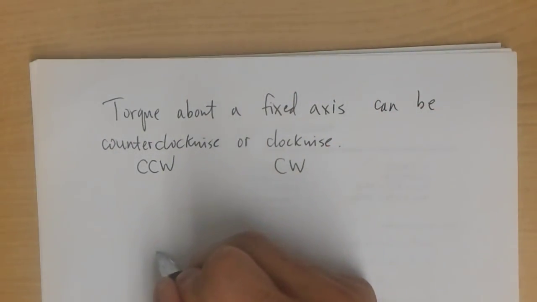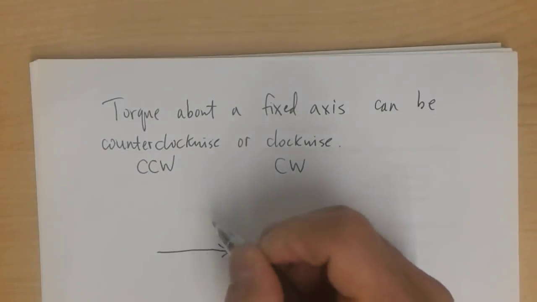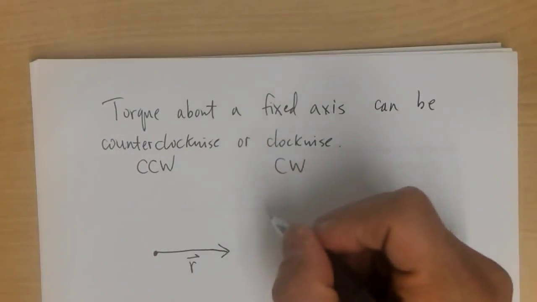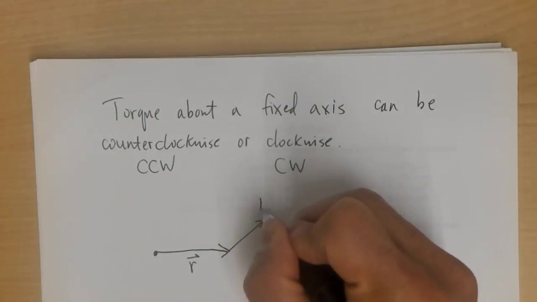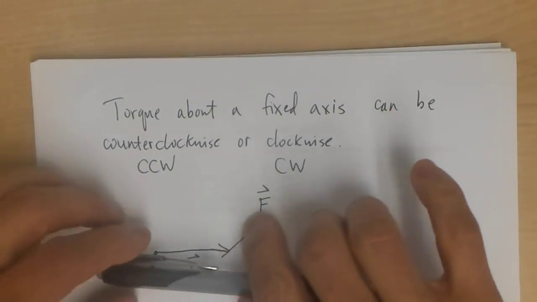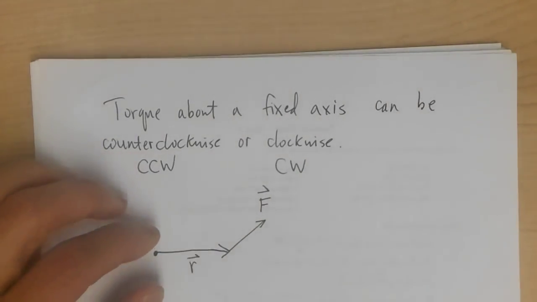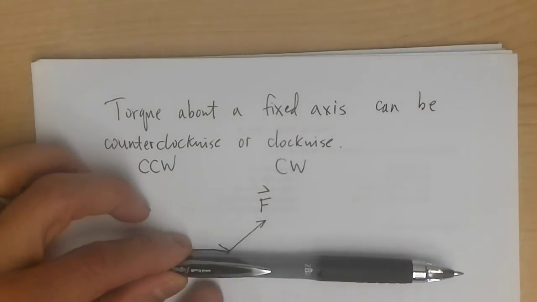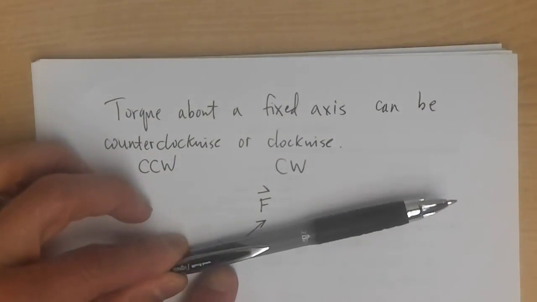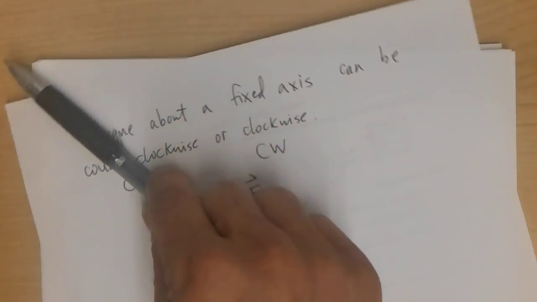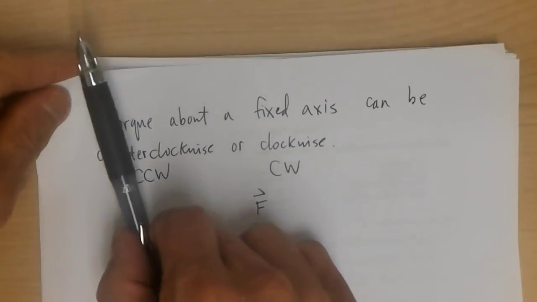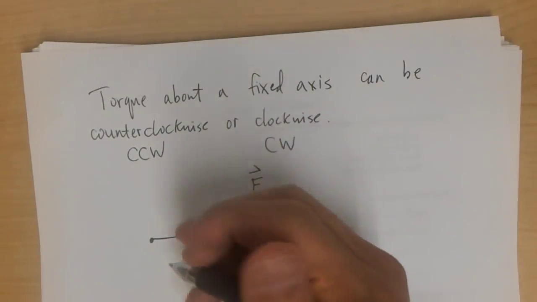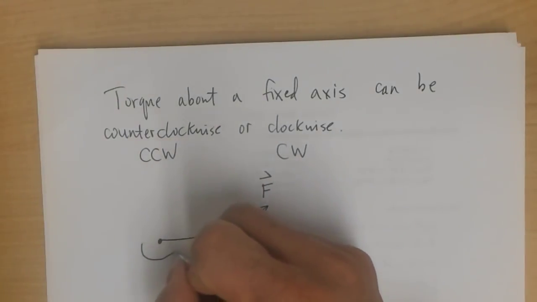Here's an example. Suppose we have this lever arm R, here's the rotation axis, and there's a force like this. If I have a force pushing like this, think about how it's twisting. It's twisting in this direction. It's trying to make it rotate like this. And this is what we call counterclockwise.